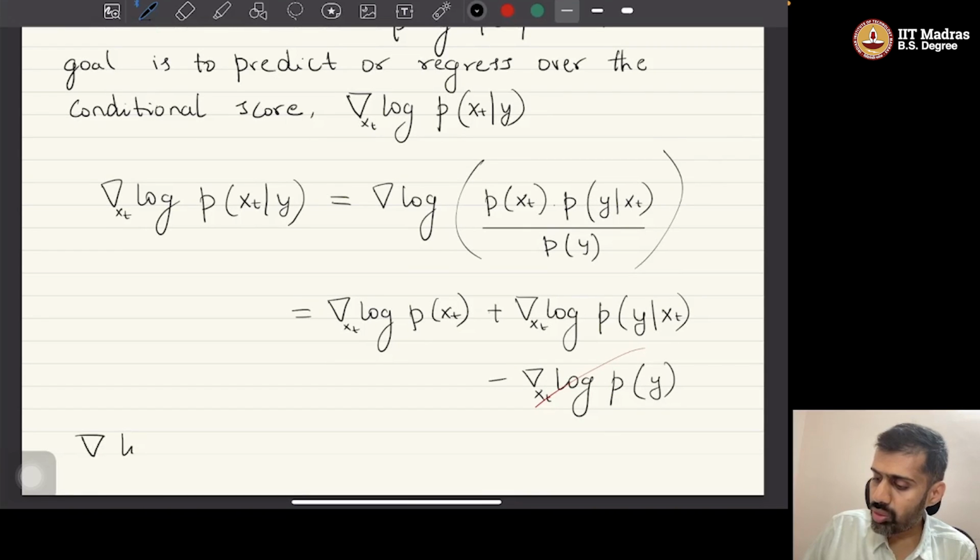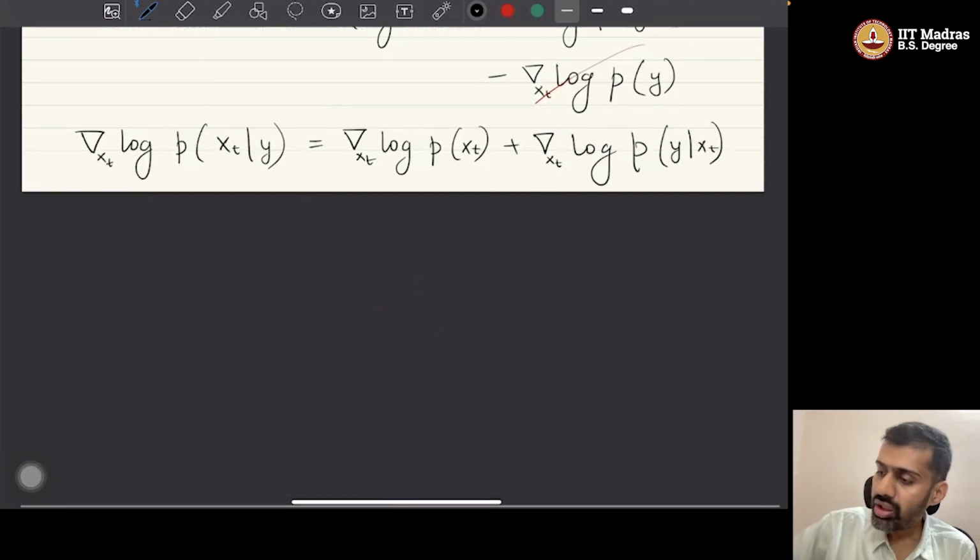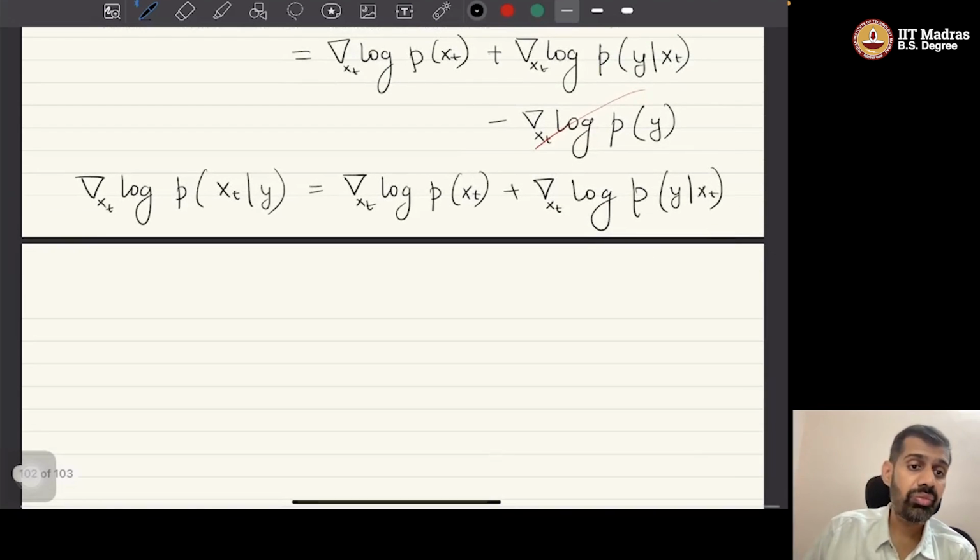The conditional score, gradient of log of p of xt given y with respect to xt, is now equal to the unconditional score plus the derivative of log of p of y given xt, which is the posterior, with respect to xt. This is a very important result, and this is the result that we will be using now.